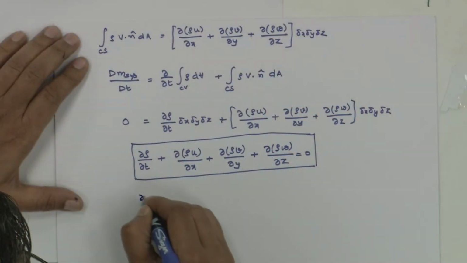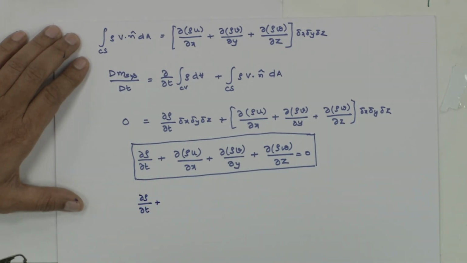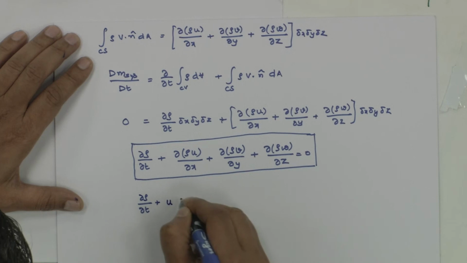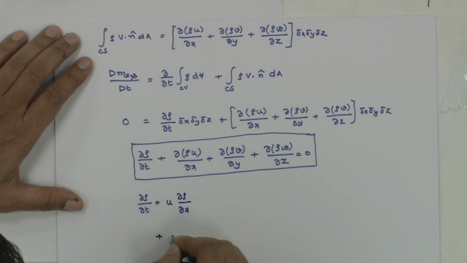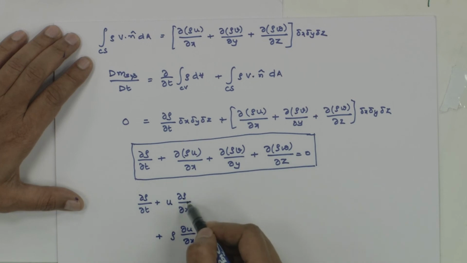Now let us do the algebra for this. So del rho by del t plus, now I have to just differentiate this. I will first take u del rho by del x plus rho del u by del x. So first I kept u constant and differentiated rho.